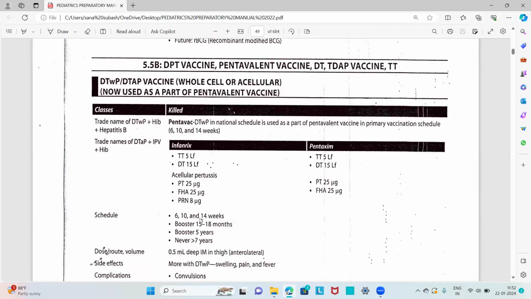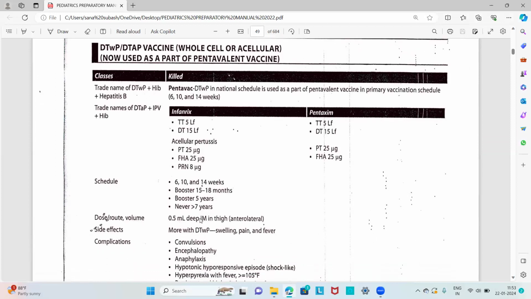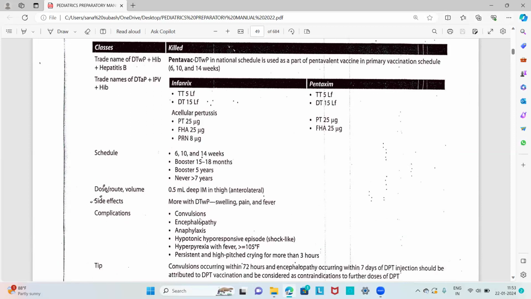Then about the DPT vaccine or pentavalent vaccine, DT, Tdap vaccine, TT. It is a killed vaccine. In the national schedule, it is used as part of the pentavalent vaccine.